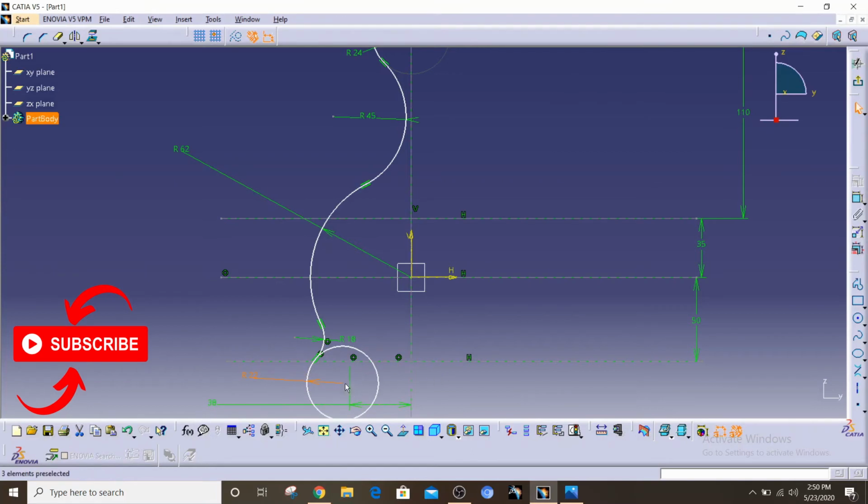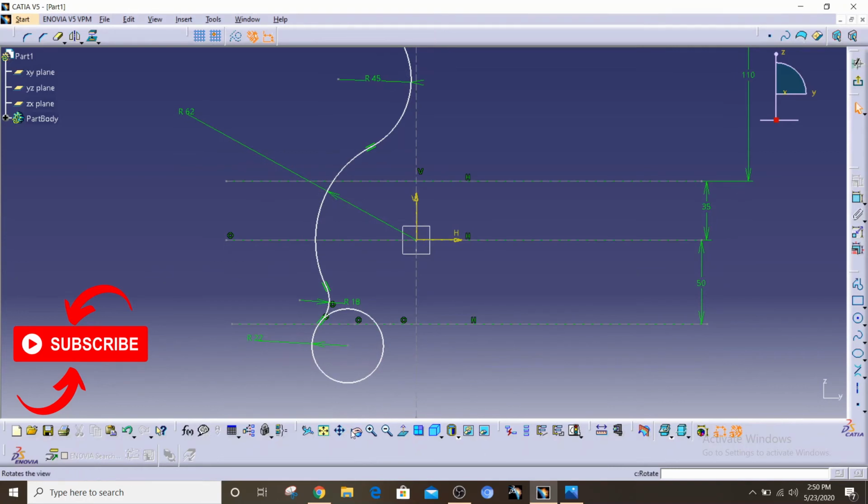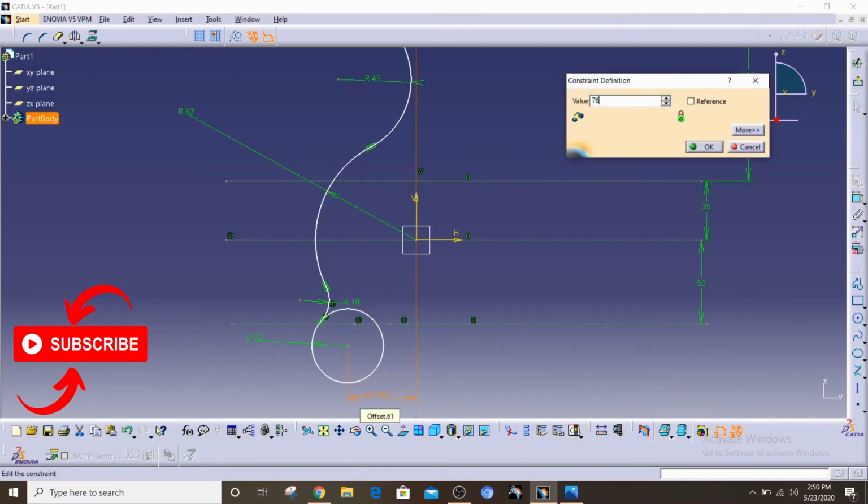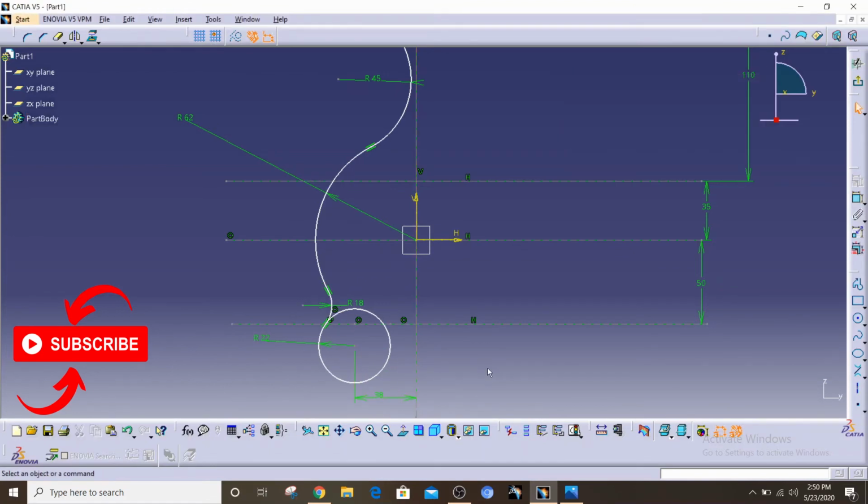There we go. And then the distance between this is going to be 76 divided by 2. Is it fully constrained? No. And then this has to be constrained on this axis.